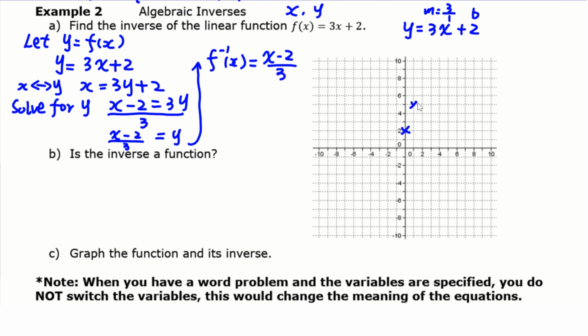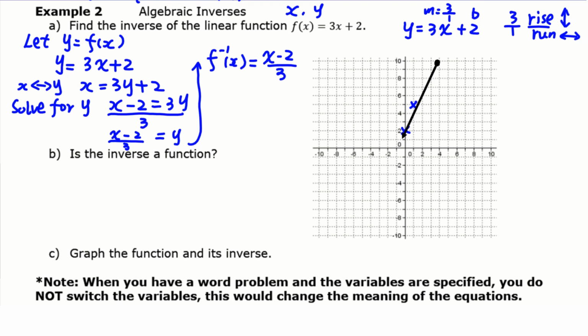So 3 over 1 is rise over run. Rise is up or down, and the run is left or right. Positive means up 3, and positive 1 for run is right 1. You have 2 points, and you can connect these 2 points. You will have a straight line.